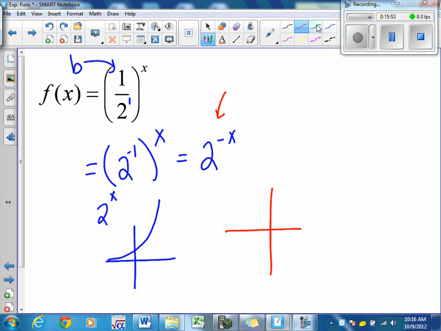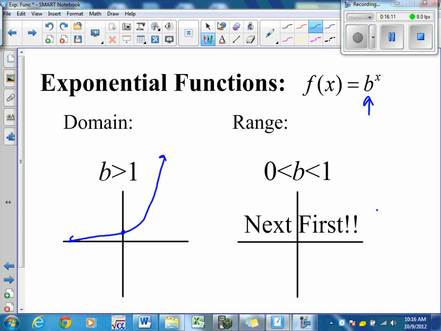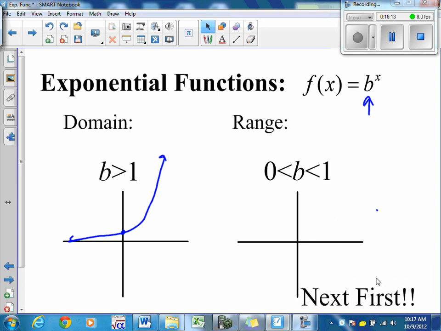If it's inside the function, it flips it over our y until we get a graph that looks like that. So when you think of something like a 1/2, it's just flipped over the y, because really you can simplify it to just a negative. So over here, the graph just looks like that.